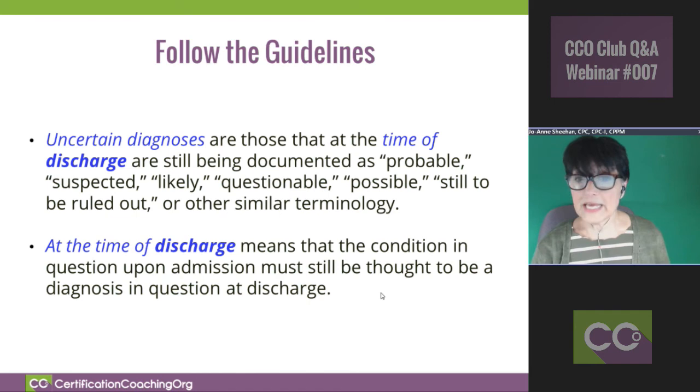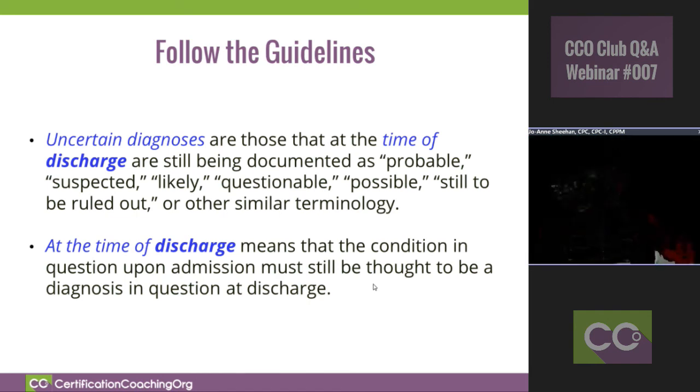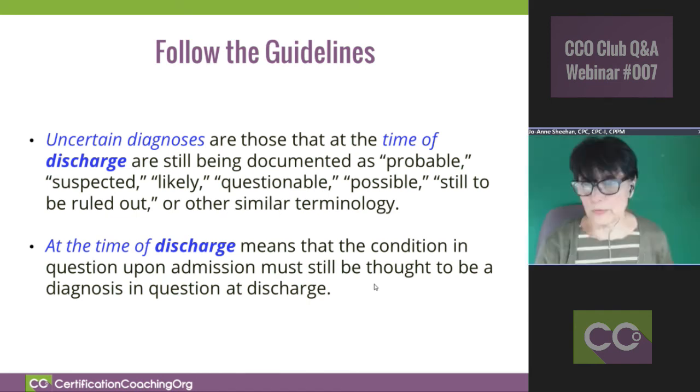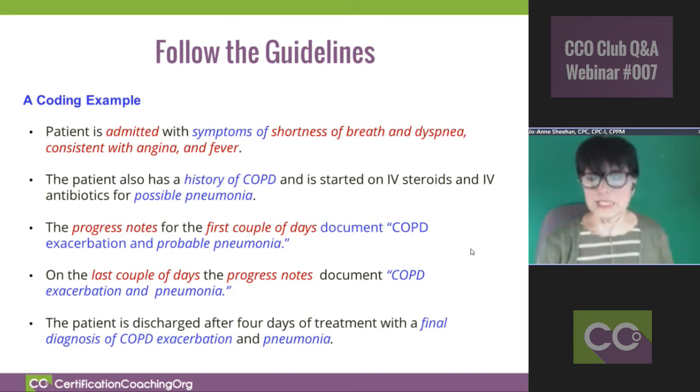But in this case, let's read a scenario and decide how we're going to code. The patient is admitted with symptoms of shortness of breath and dyspnea consistent with angina and fever. The patient also has a history of COPD and is started on IV steroids and IV antibiotics for possible pneumonia.